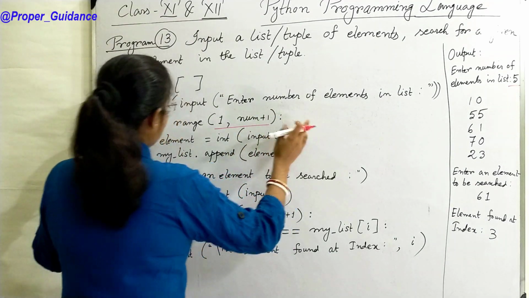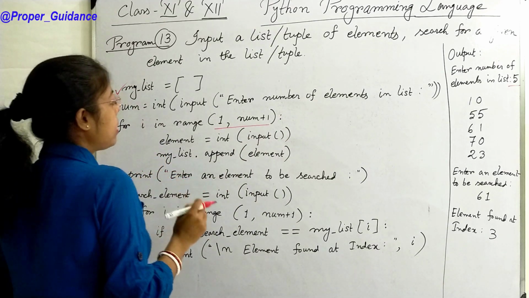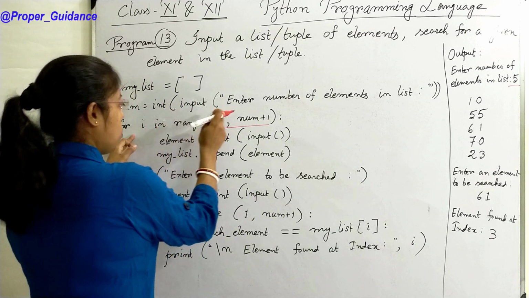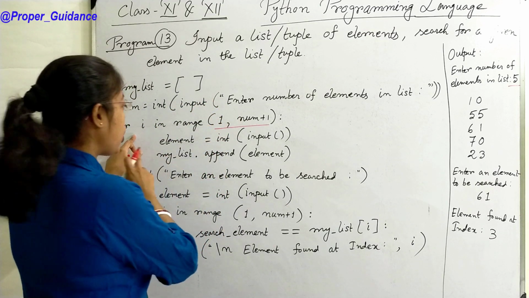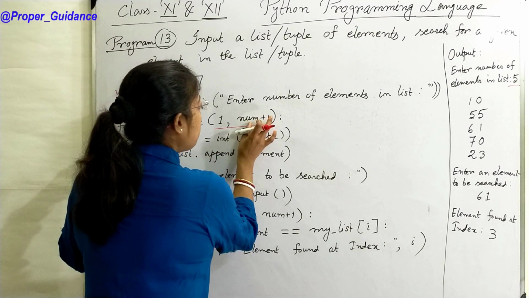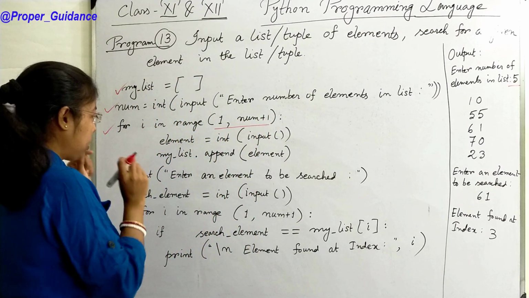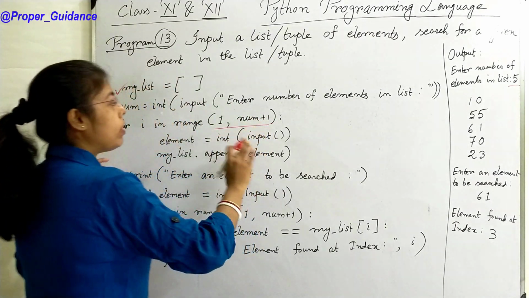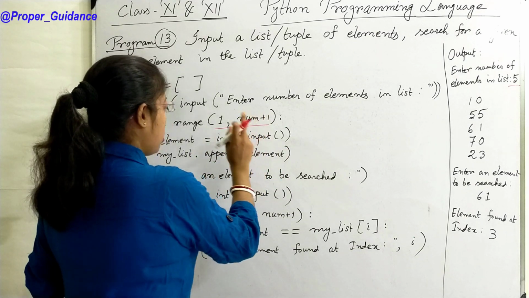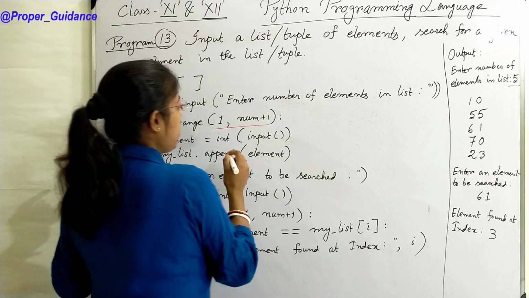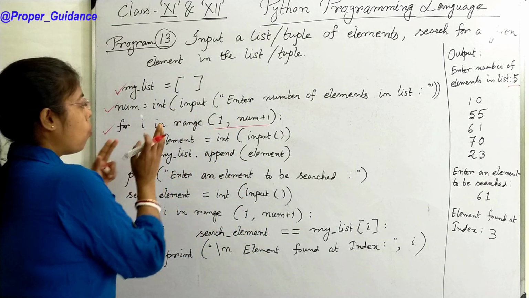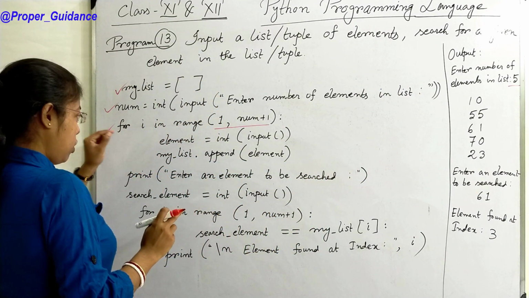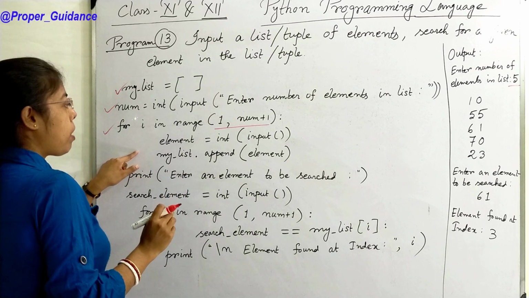The syntax of the for loop in Python is that the starting value of i, here 1, is included, but for num plus 1, the extreme value of i will be excluded. That term is not executing. That means this will give you 1, 2, 3, 4, 5 elements. Okay, and the for loop is used for this purpose only.